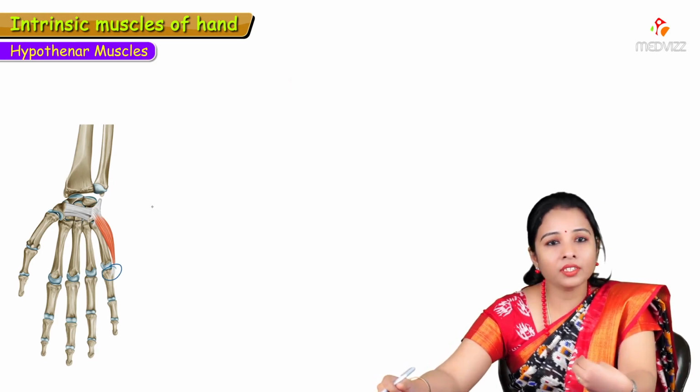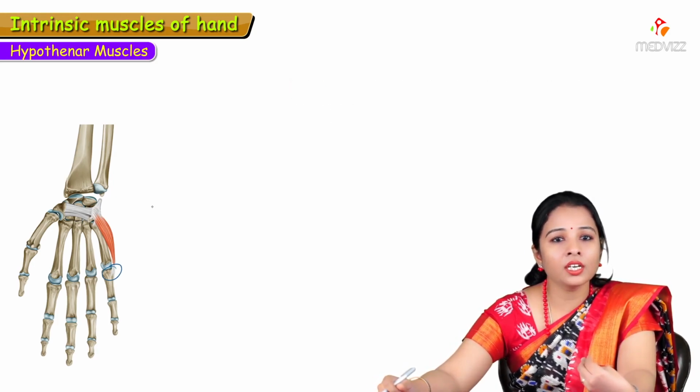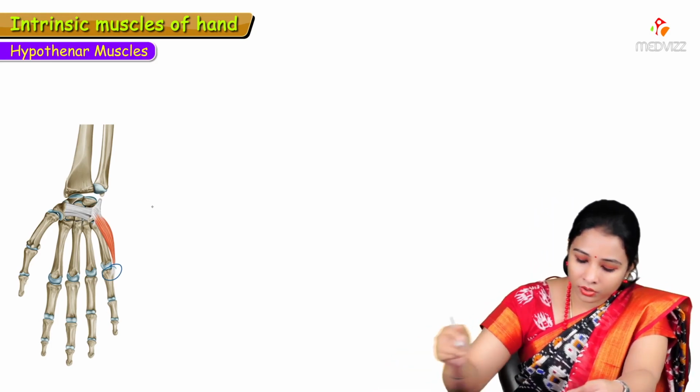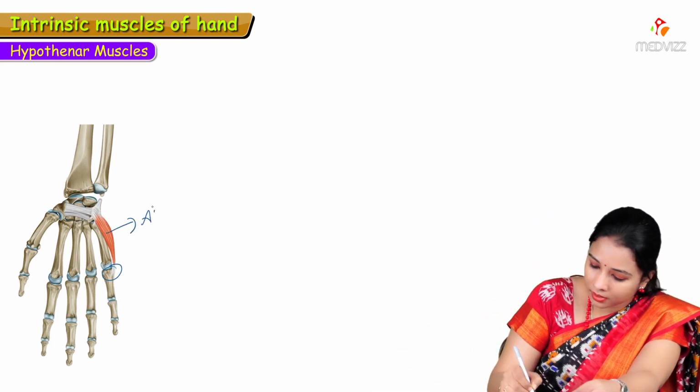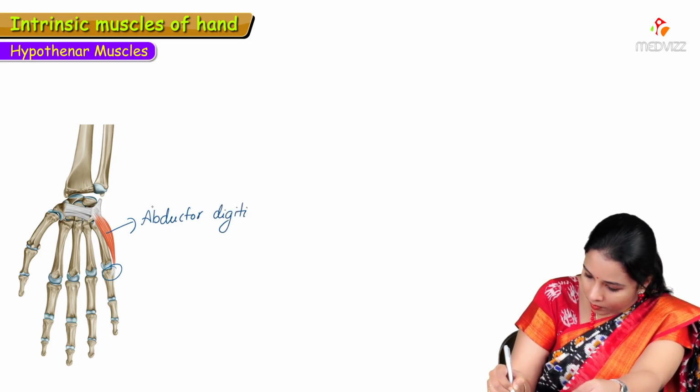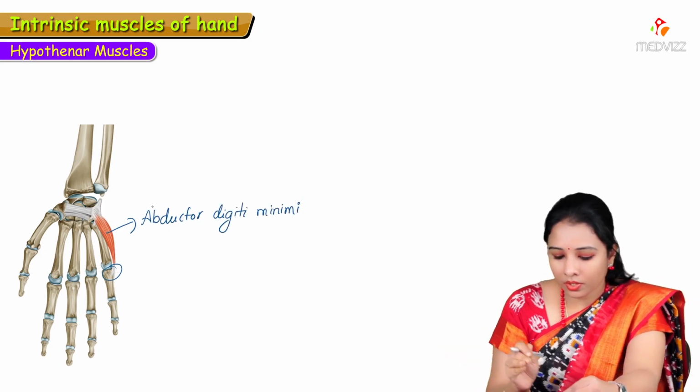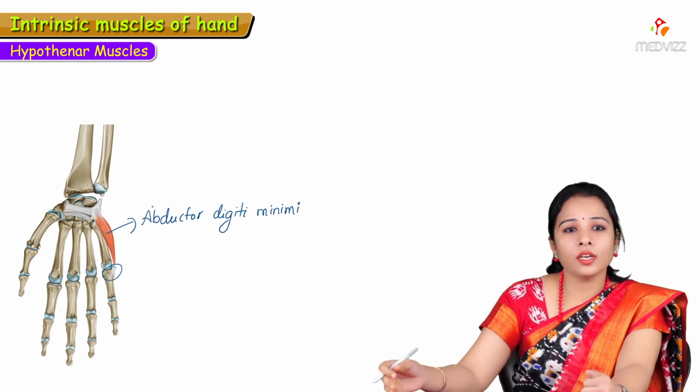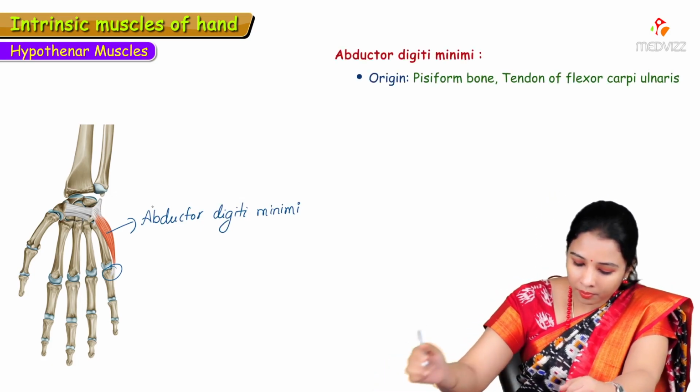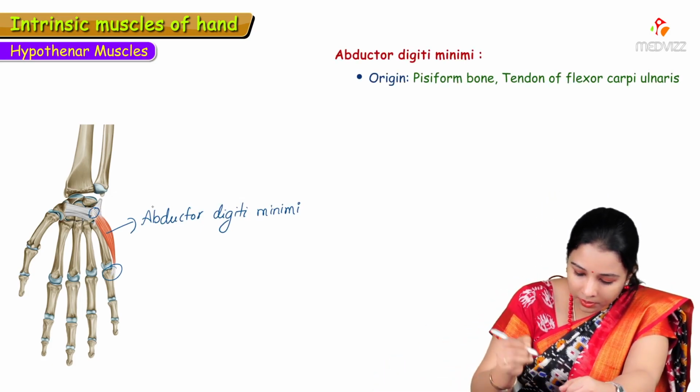So starting with the hypothenar, the first muscle is the abductor digiti minimi. So this is the abductor, which is the most medial muscle, and it gets origin from the pisiform bone. So here is the pisiform.